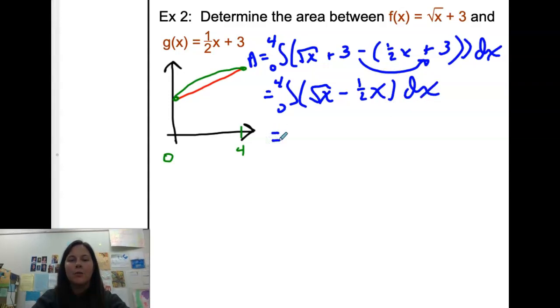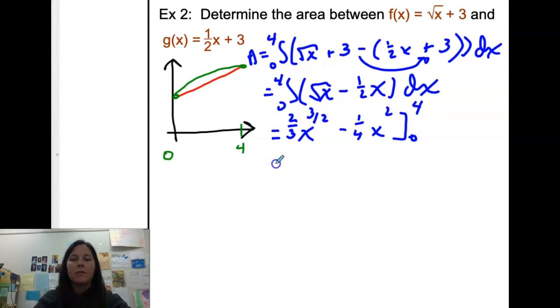Integrating, that square root of x is x to the 1/2 power, so I'm going to add 1 to the power and multiply by the reciprocal. Adding 1 to the power of x and multiplying by the reciprocal of 2, I'm going to get 1 over 2 times 2, which gives me 1 over 4. Subbing 4 in for each of these, let's remind ourselves of how to evaluate a rational exponent.